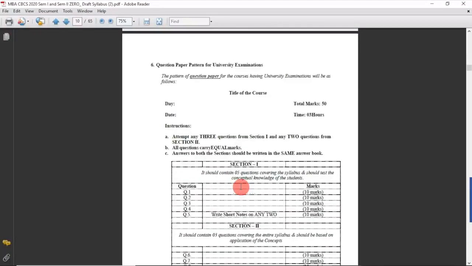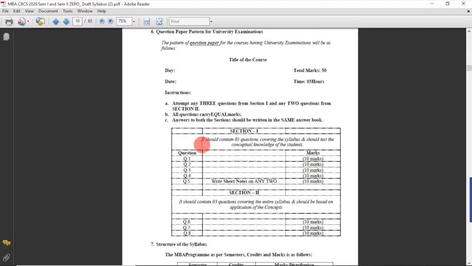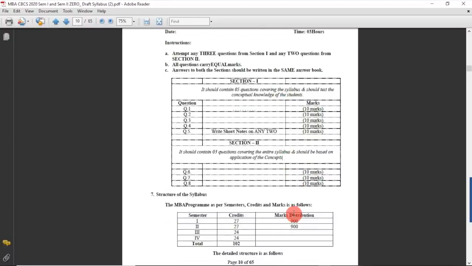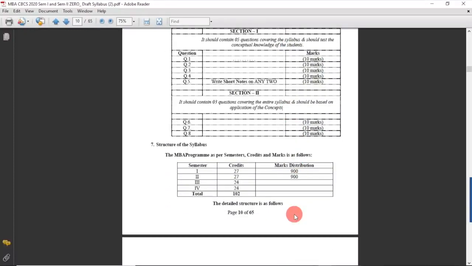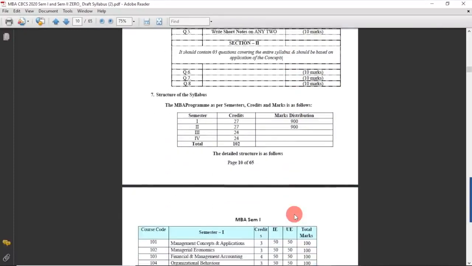And just see here, in the syllabus itself, we have also told what the template of the question paper will be, and our questions will be based on testing the conceptual skills. So the first 5 questions are on conceptual skills, and the next 3 questions are based on application of the concepts. These 2 things have been taken care of, and that's how we plan the structure of the question paper also.